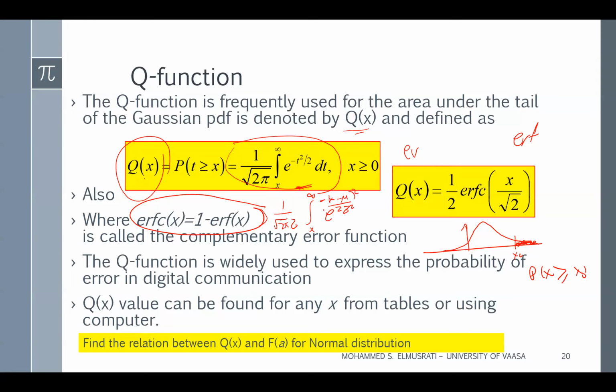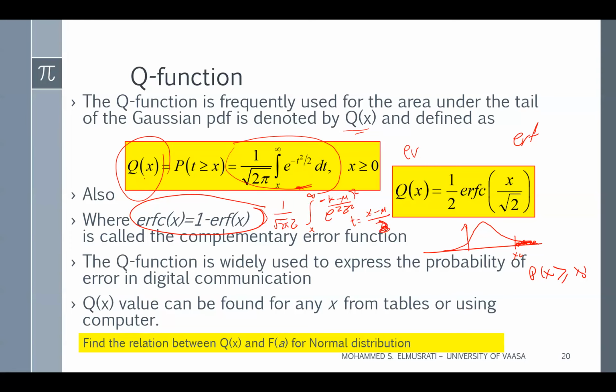Now compare this equation with the other equation. If you take t equal to x minus mu divided by sigma, the 2 is there already, so it will be the same.